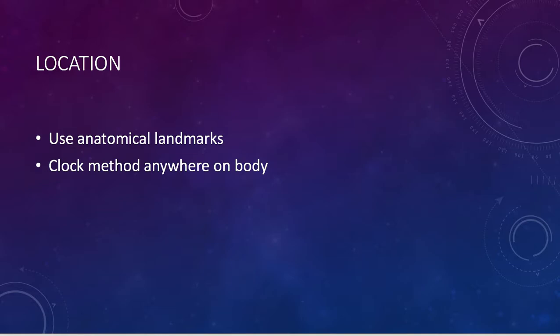As long as you identify where your region is, you can use that clock method anywhere on the body. So you name something the 12 o'clock or the 6 o'clock, and it's a very quick way to identify very easily where things are.